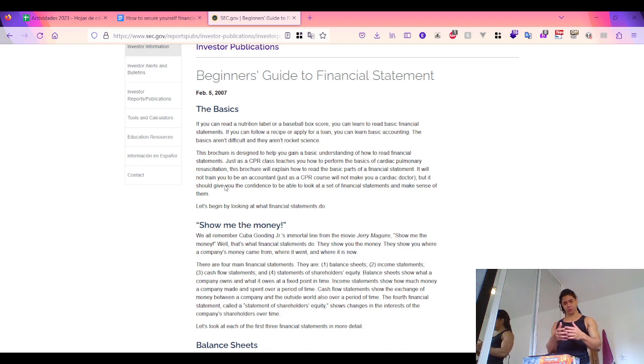Okay, so there are four types of financial statements: balance sheets, which show you what a company owns and owes at a fixed point in time; the income statements, which show you how much money a company made and spent over a period of time; the cash flow statement, which shows the exchange of money between the company and the outside world; and the statement of shareholders' equity, which shows changes in the interest of the shareholders over time.